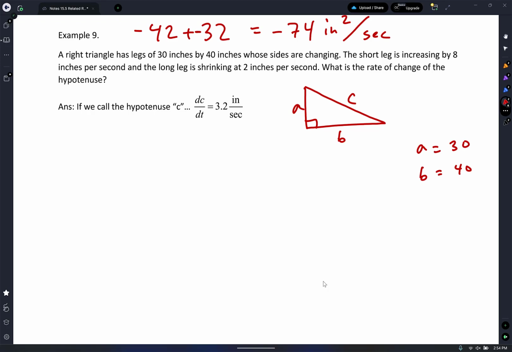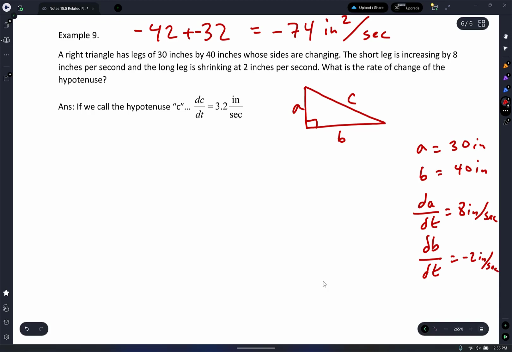The short leg is increasing by 8 inches per second. So that is which one? The dA/dt, 8 inches per second. And the long leg is shrinking at 2 inches per second. So that is the dB/dt, -2.